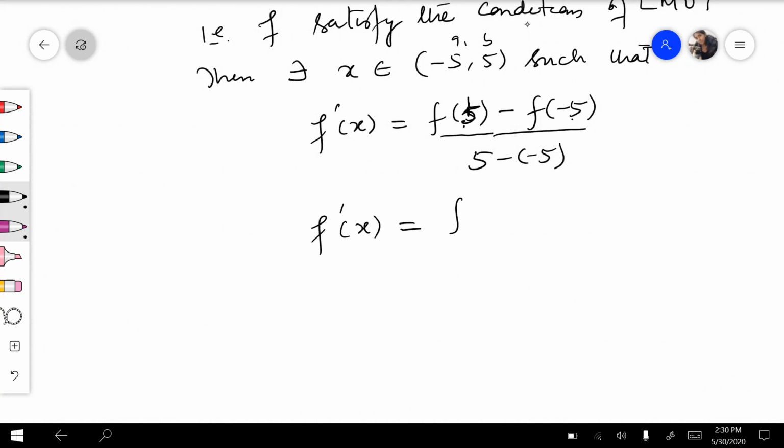is equal to f of 5 minus f of minus 5 upon 10.